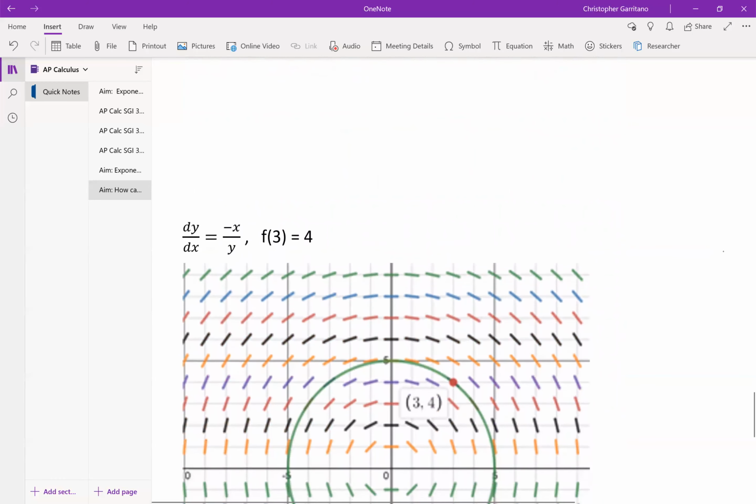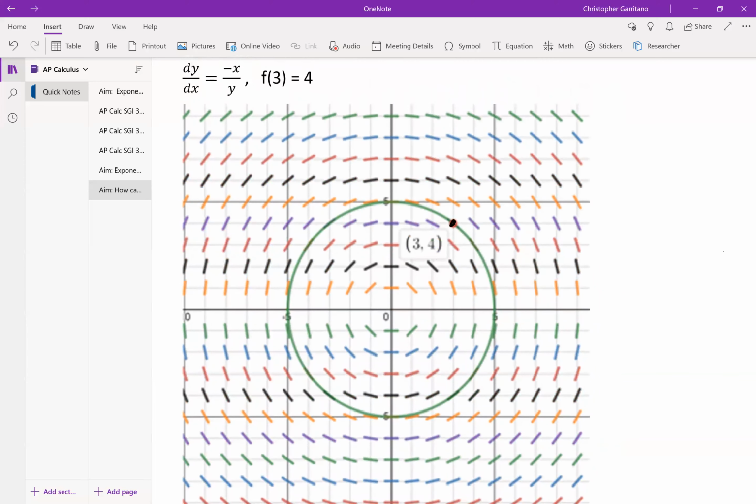So I'll show you what that looks like if we're given an initial condition on this slope field. Scrolling down, and again, let's say we know the fact that f(3) equals 4. So what we would do is, just like before, we start at our known point, and then we use the information that is told to us by the differential equation to draw the rest of the curve. And I'm not saying this is an easy thing to do.